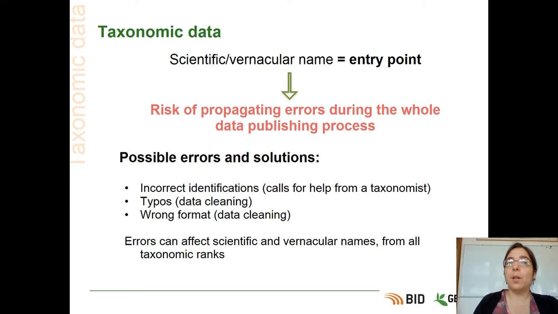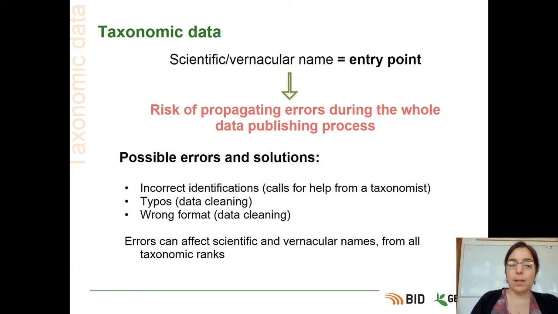So the most common types of errors are incorrect identifications. So in this case, if you are not sure about the identification of a specimen or an individual, you should call for help from a taxonomist.